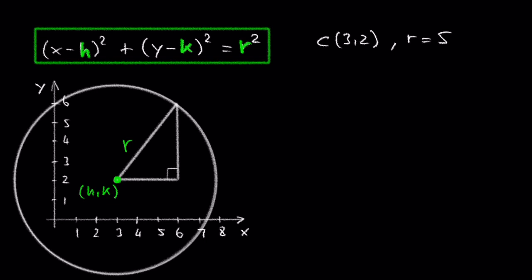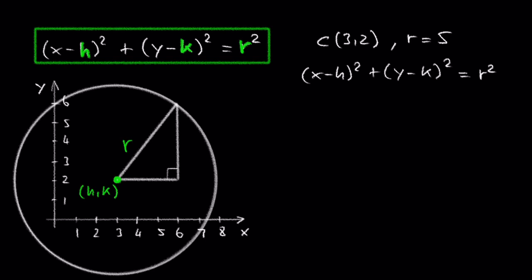What is the equation of this circle? That's simple. We just write down the standard equation of a circle, which is (x minus h) squared plus (y minus k) squared equals r squared.